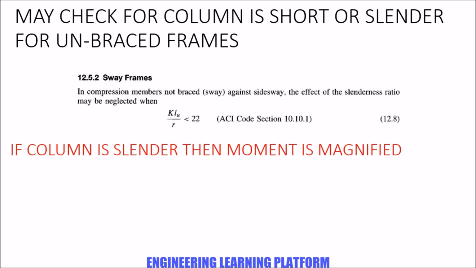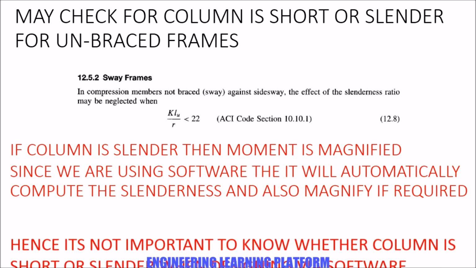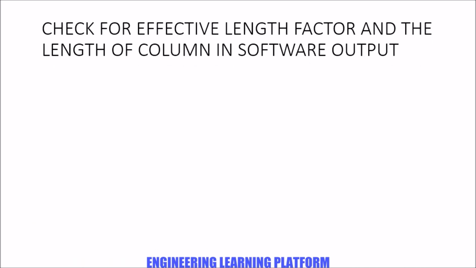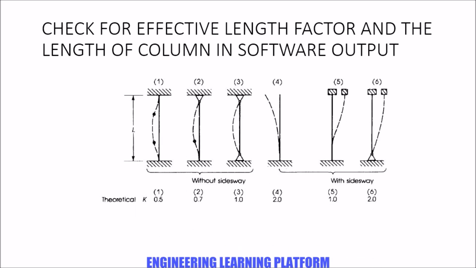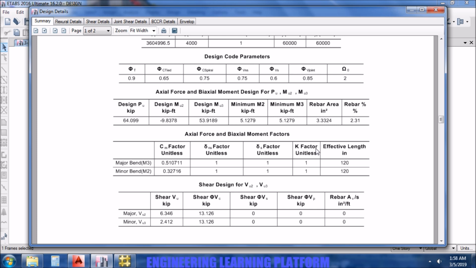If the column is slender, then a moment magnifier method is used, but since we are using software, it will automatically magnify the moment if required. So it's not important to know whether the column is short or slender, but for effective length we need to know. Usually we take a value of 1.0 conservatively if the column is supported at top and bottom.